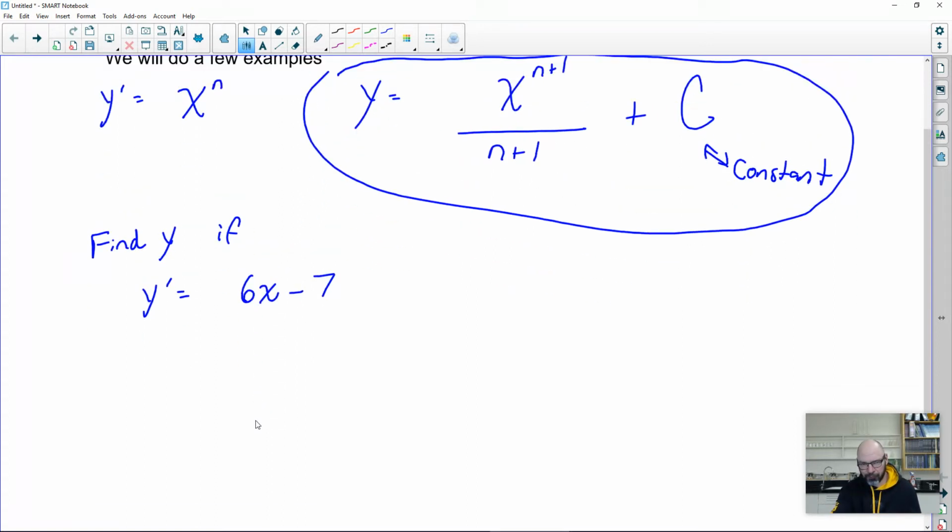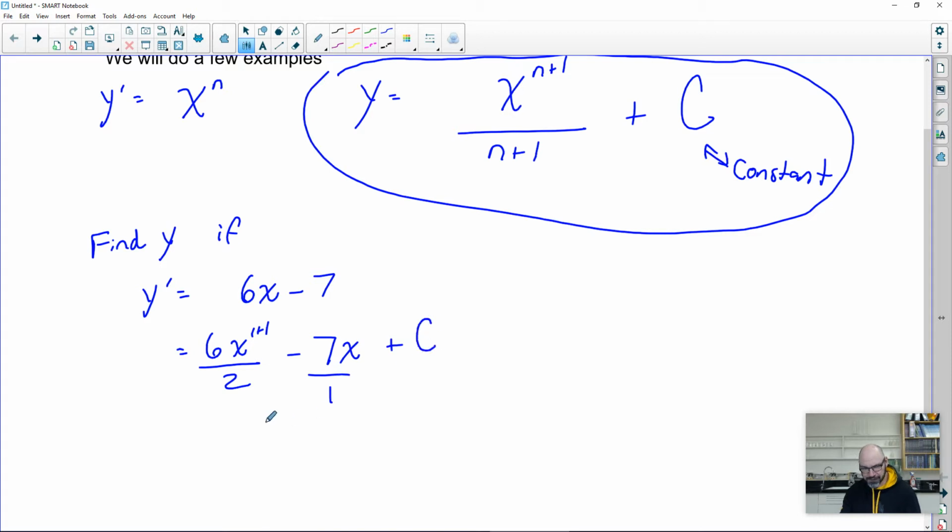We're going to use this rule. We take the 6x, which is x to the 1, and add a 1 to it. 1 plus 1 is 2, put that on the bottom. Minus 7, if there's no x there, we add an x, and that's over 1, because we only added x to the power of 1.